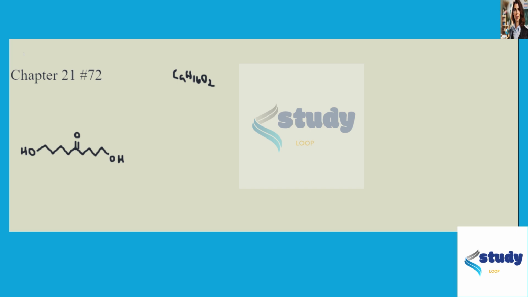And so we're given a formula for the product. So it might be helpful to start by calculating the HDI, the hydrogen deficiency index.